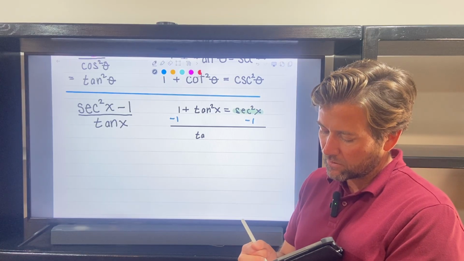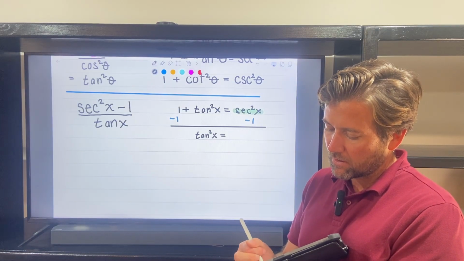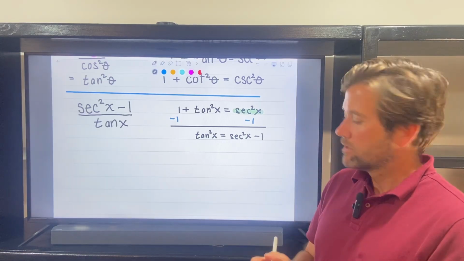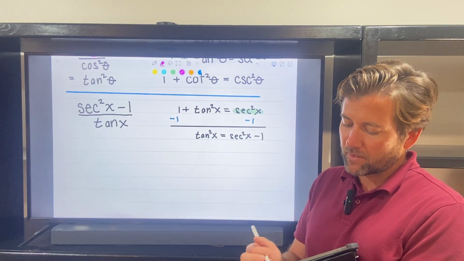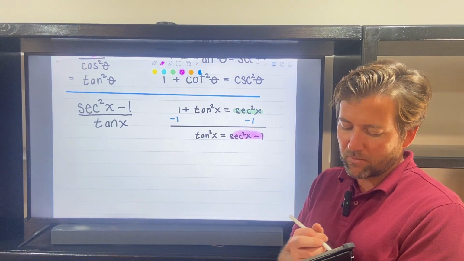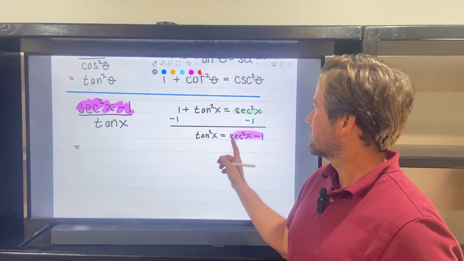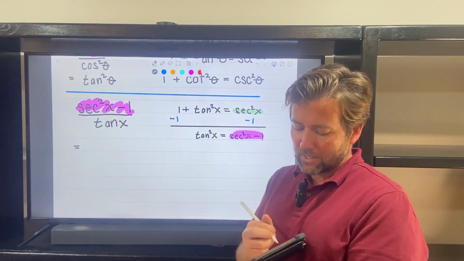We'll get tangent squared x equals secant squared x minus 1. So this is great. I see secant squared x minus 1 here, and I see it right there. So I'm going to replace secant squared x minus 1 with tangent squared x.